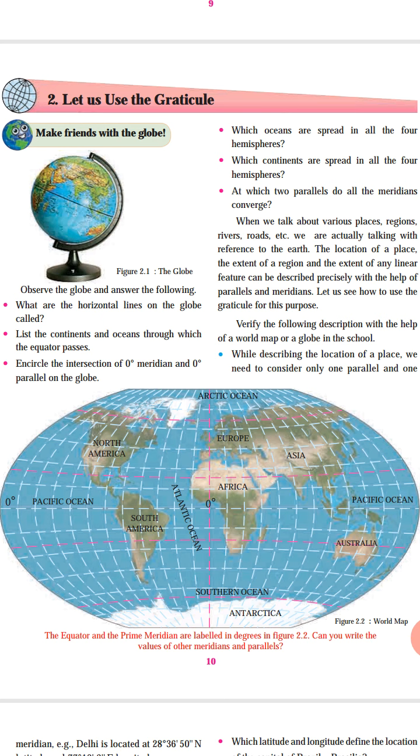List the continents and oceans through which the equator passes. Encircle the intersections of 0-degree meridians and 0-degree parallels on the globe. Which oceans are spread in all 4 hemispheres? Which continents are spread in all the 4 hemispheres? At which 2 parallels do all the meridians converge?